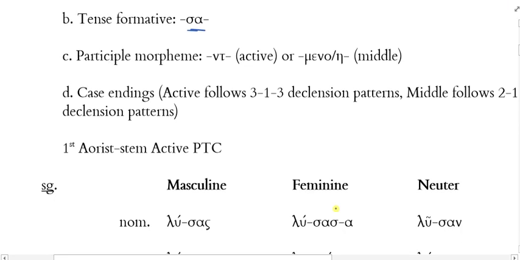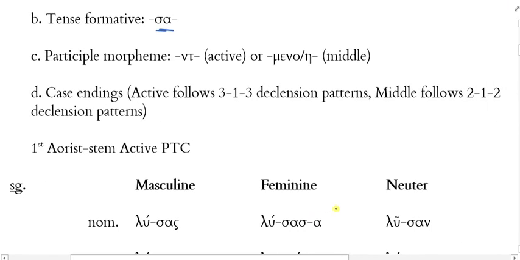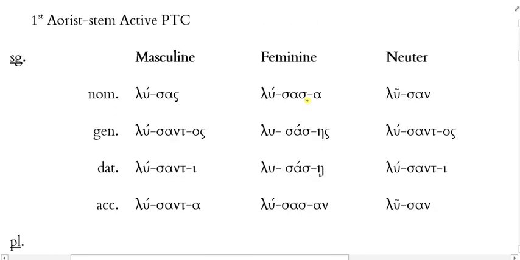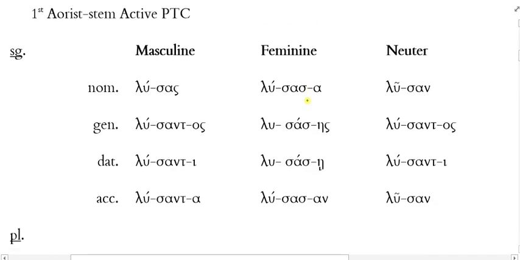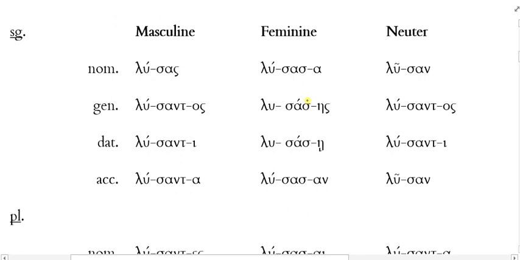And then our case endings are going to follow the 3-1-3 declension pattern if they're active using nu tau, and middle will follow the 2-1-2 pattern using meno mene here. So what I've done on the handout is I've just given you the forms. You'll find these in Mounce's textbook just as well.